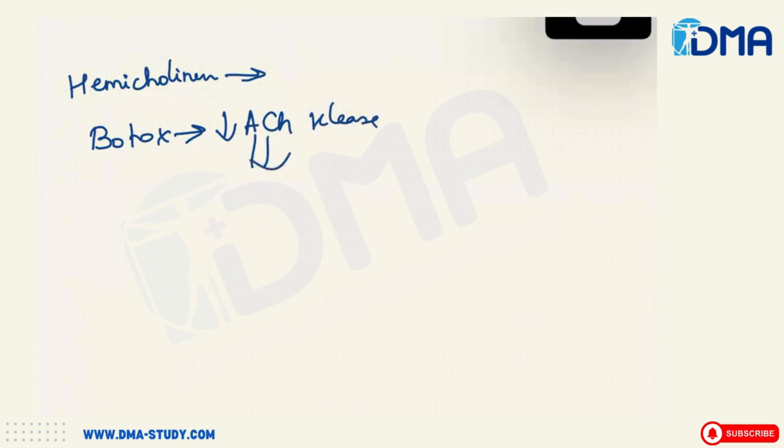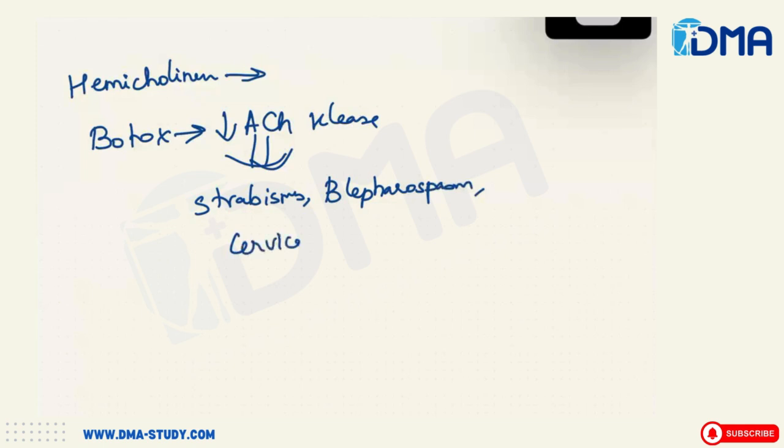This is used in many areas where they want to relieve the spasm, like in strabismus, blepharospasm, cervical dystonia. Right? This will be the pattern of how the sympathetics and parasympathetics act. Yes, that's all regarding the ANS.